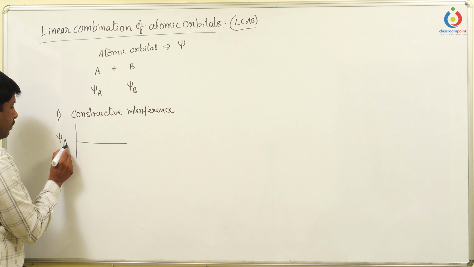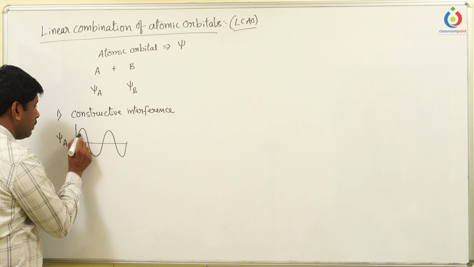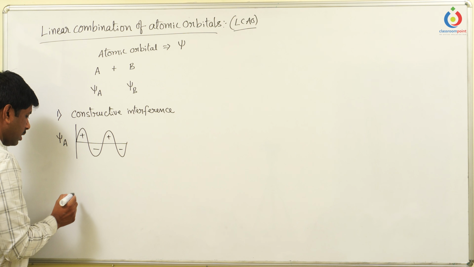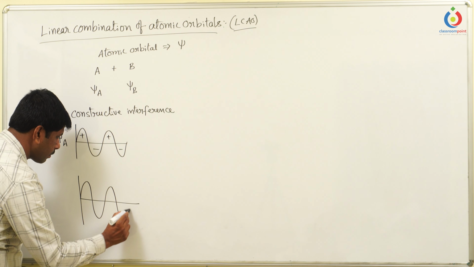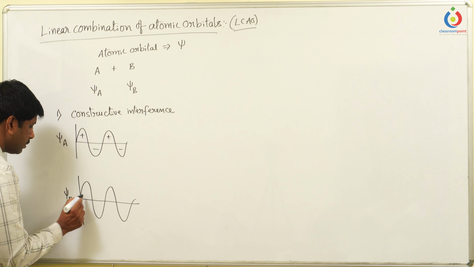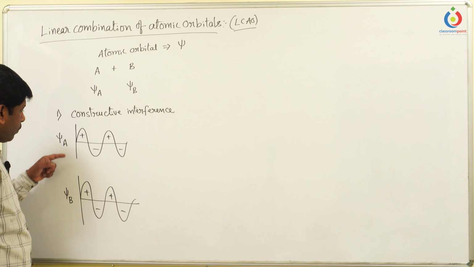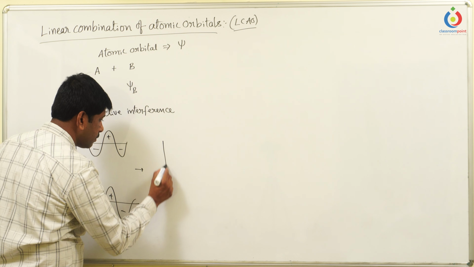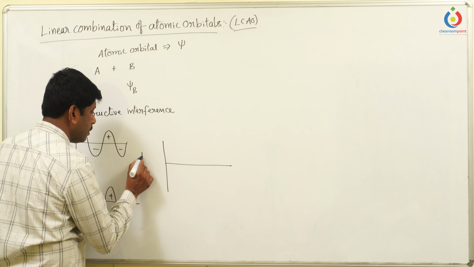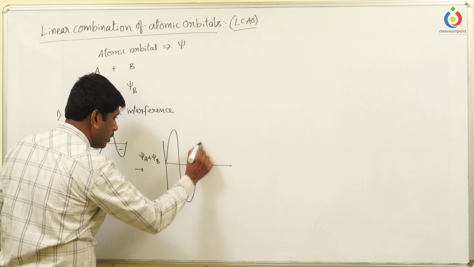this is the psi A wave function of the atom A, which has plus and minus signs. And this is psi B. So when the wave functions of two atoms, atomic orbital wave functions or electronic waves, with the same sign intermix, then they produce psi A plus psi B. That means the amplitude of the electronic wave increases.